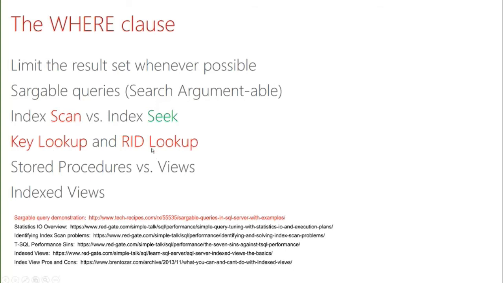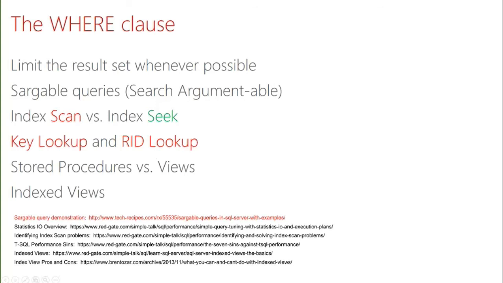I found it's often hard to get rid of these lookups for complex queries. If you look up some discussions on key lookup and RID lookup, you'll generally find that these are expensive. And at the bottom of the slides, I have some links: sargable query demonstration, statistics IO in identifying index scan problems. So these footnotes down here can help you drill into some of these discussions.